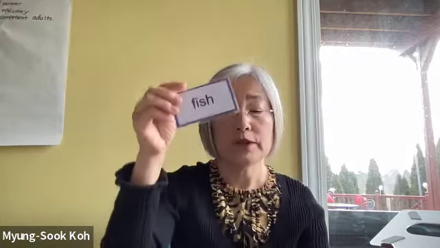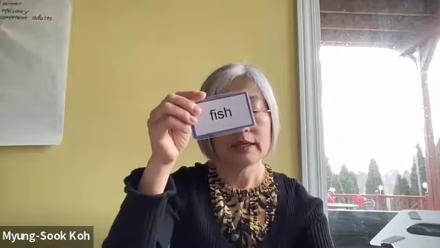We intentionally teach them vocabulary, picture vocabulary. Later, once they start learning to read written language, we can match it, right? We match it. So we have a fish here.